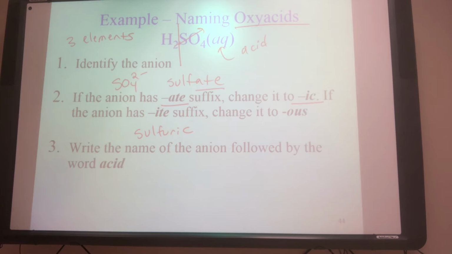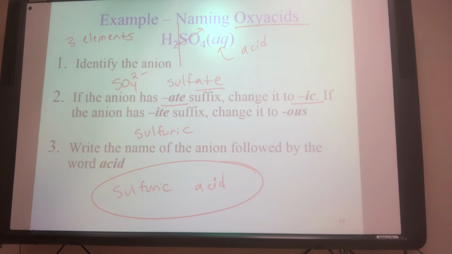They kind of extend the sulfur part of the name a little bit more. I can understand why you would think it's sulfic. This is partially where you just get practice with the different acid names to help you know that it's going to be sulfuric acid and not sulfic. And then we have the word acid. So sulfuric acid.